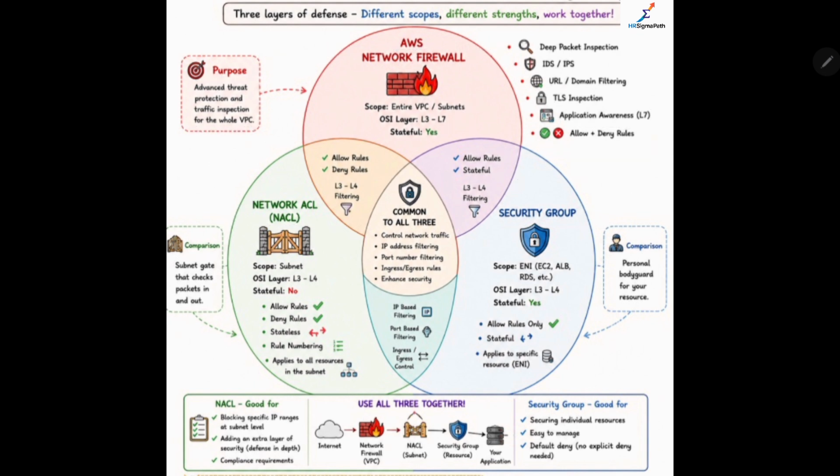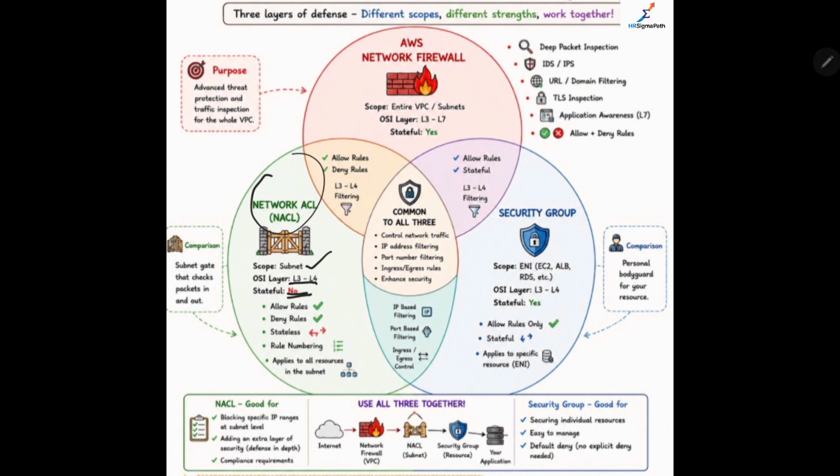Let's explore the green circle representing Network ACL. Its scope is the subnet, meaning every resource inside the subnet follows the same rules. It operates only at OSI layers 3 and 4, so it filters traffic based on IP addresses, protocols, and ports. Unlike Network Firewall, Network ACL is stateless.